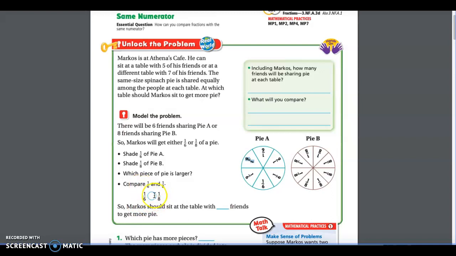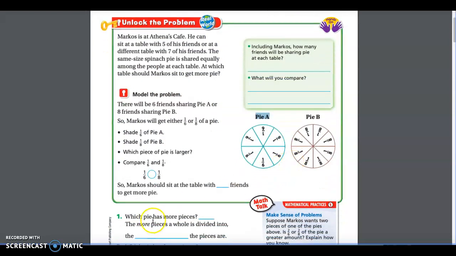So put the greater sign here, like that. So Marcos should sit at table 1 or A to get more pie. This would be a better spot to sit because he'll get more pie. It'll be bigger.